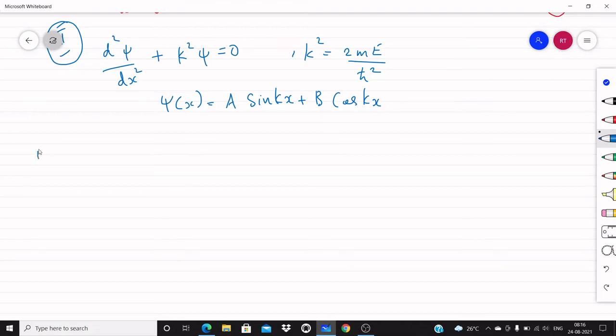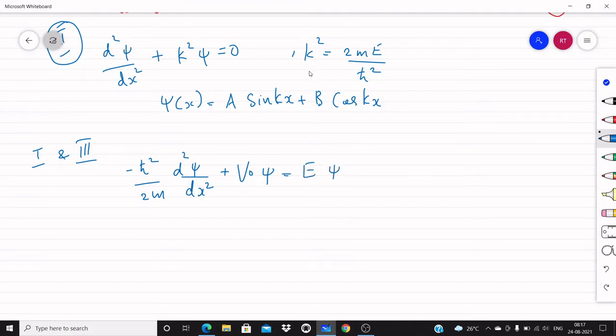For region 1 and 3, we shall include the value of potential in the Schrodinger equation: minus h cut square by 2m d square psi by dx square plus V0 psi is equal to E psi.